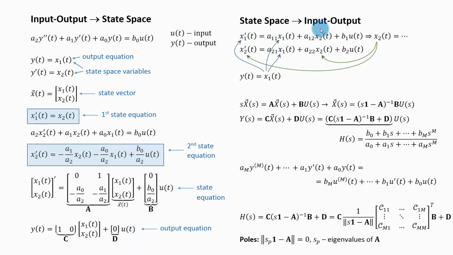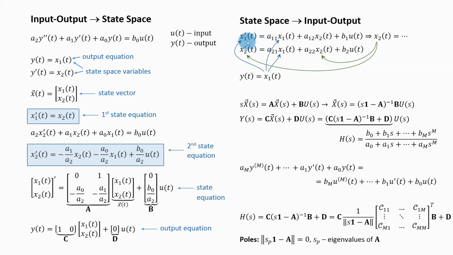Now the opposite direction. This can be done in time domain if your output is one of the state variables. Basically, all you need to do is to substitute the output for the respective state variable so that this state variable will no longer be present in these equations. Next, you need to express the remaining state variable from the equation where that remaining state variable is not differentiated.